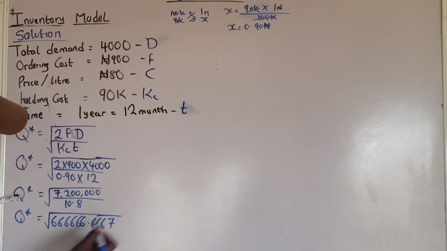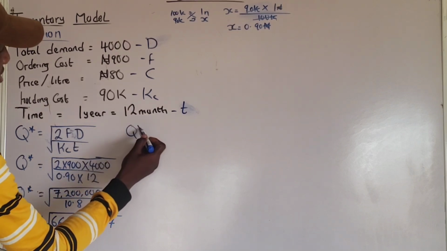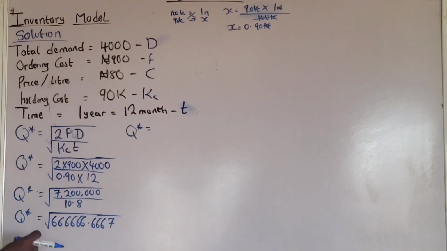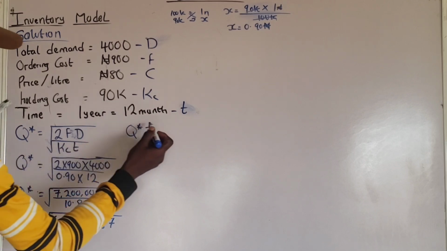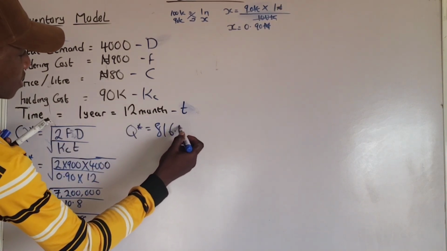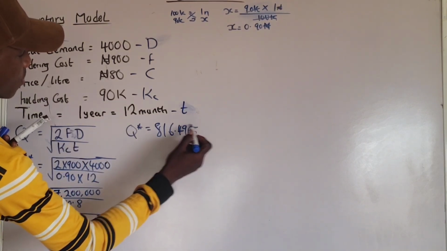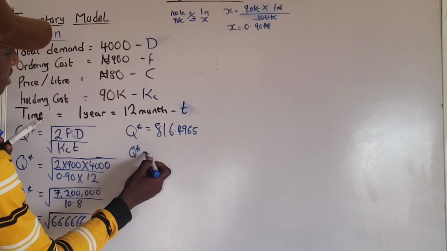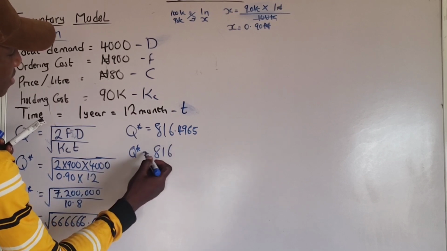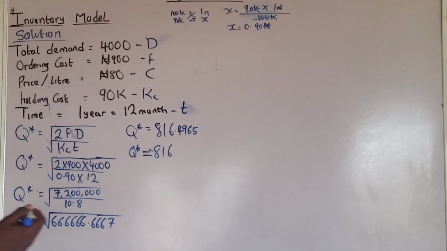So here I'm going to have Q asterisk equal to the square root of this, which will give us 816.4965. So the optimal quantity to be ordered at a time is 816. I approximate. Now we are done with the first question.